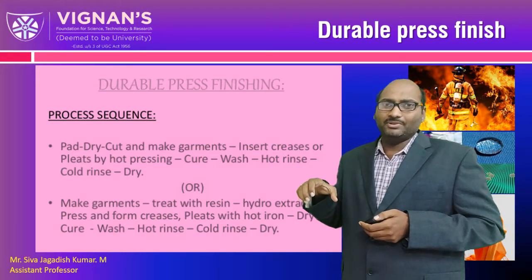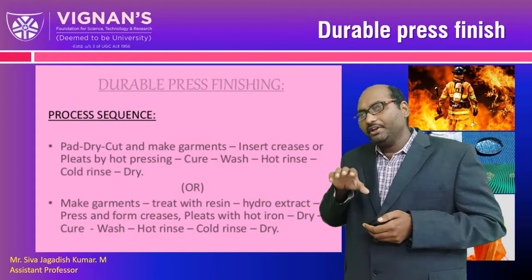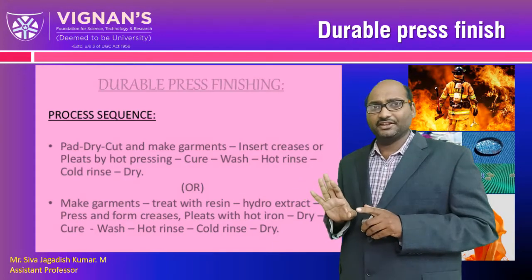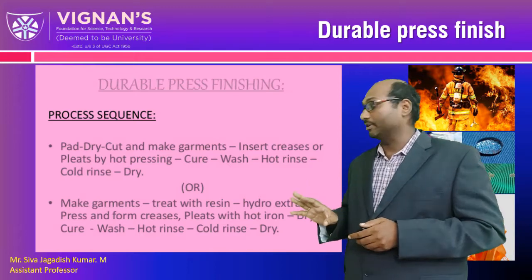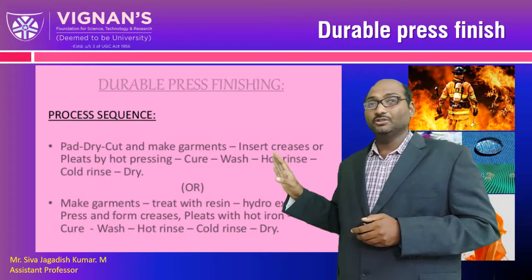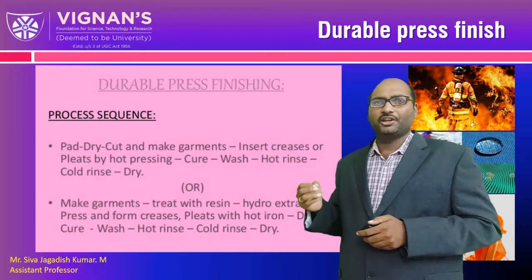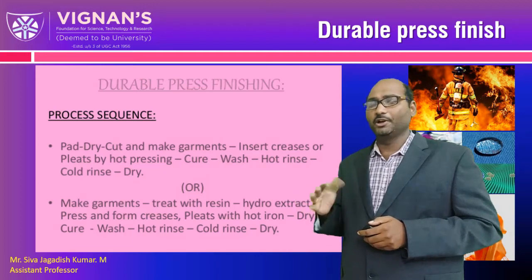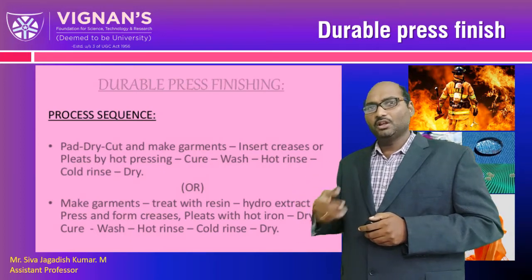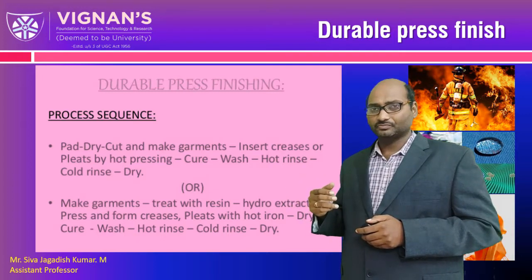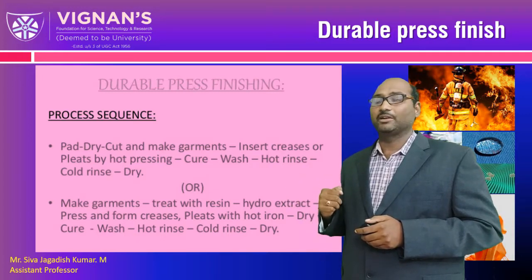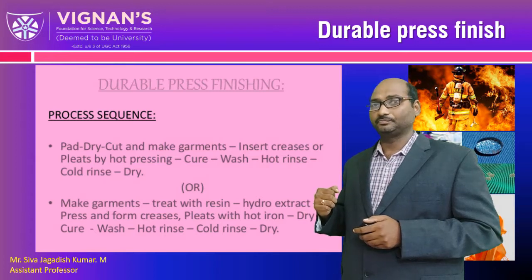In this curing, whatever folds are there will remain as they are. We cannot remove them. After curing, washing removes any excess amount or debris. Then hot rinse, cold rinse, and then drying of the garments will take place.